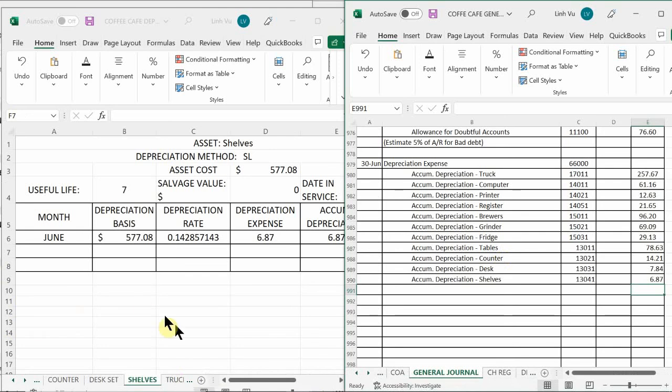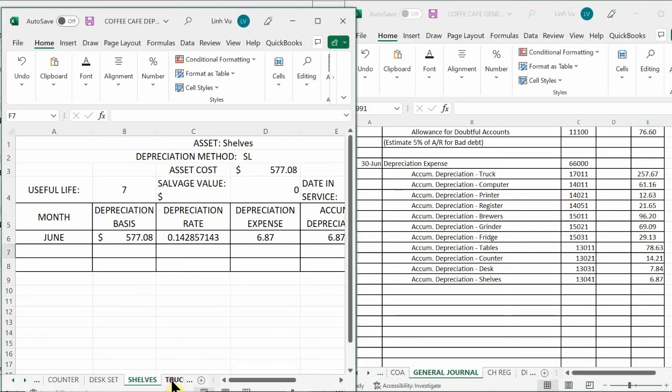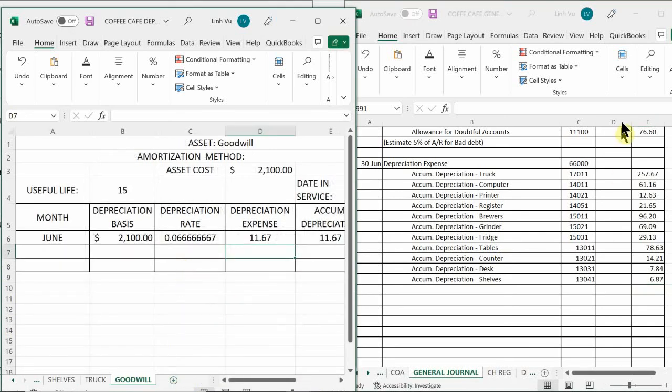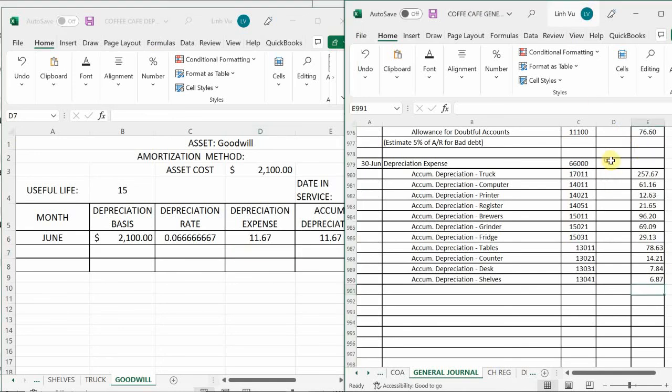Okay. And then we already recorded the truck and Goodwill. You don't depreciate Goodwill, right? We have a separate account for that. Okay, so now sum it all up. Awesome.